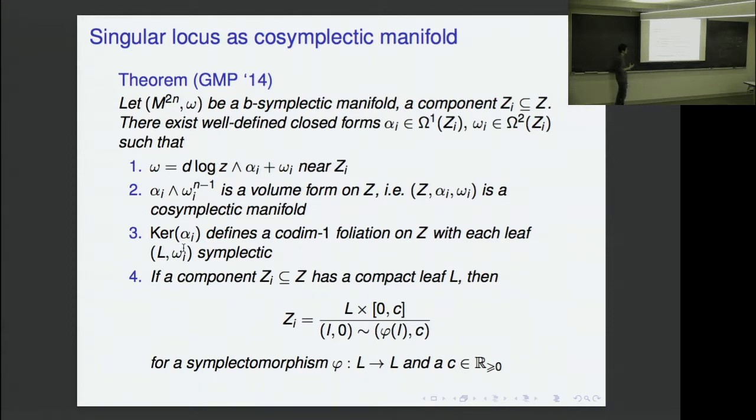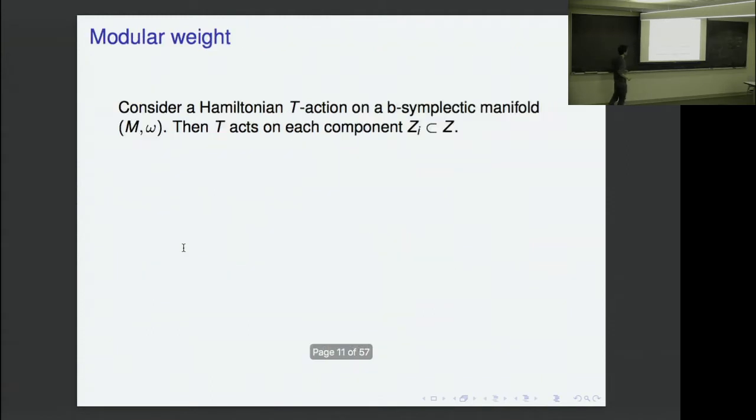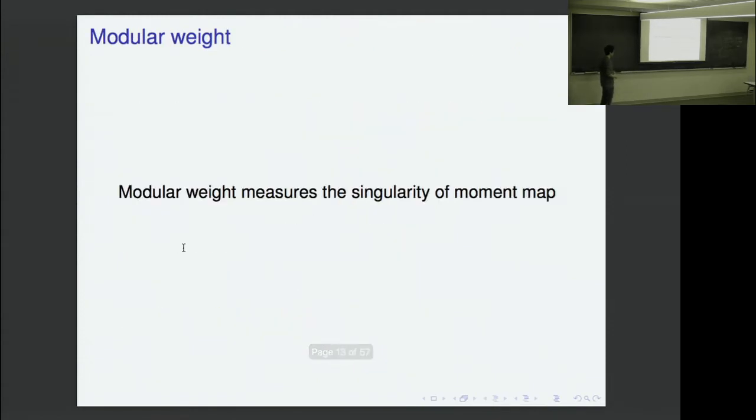So there will be a log singularity in the moment map. And if the pairing with alpha is 0, then we won't have this part coming out in the moment map. And that's what we mean by the modular weight measuring the singularity of the moment map.